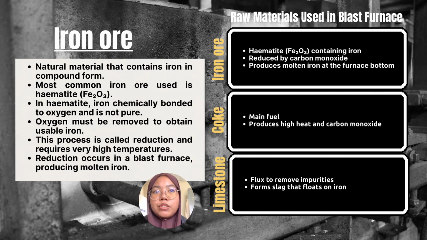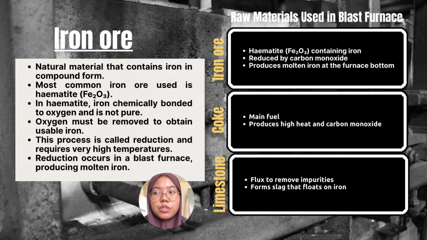There are three materials used in the blast furnace, which are iron ore, coke, and also limestone. For iron ore, commonly hematite is used, which will produce molten iron at the bottom of the blast furnace. As for the coke, it is a form of carbon that is made from coal. Basically, it functions as a fuel in the blast furnace, as it will produce a very high temperature, about 1500 degrees, to remove the oxygen and then produce the molten iron.